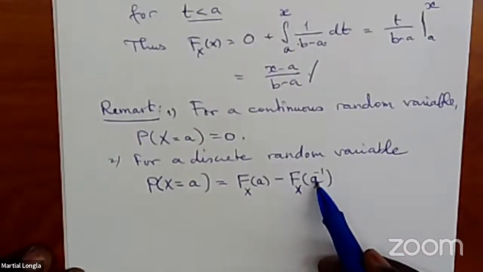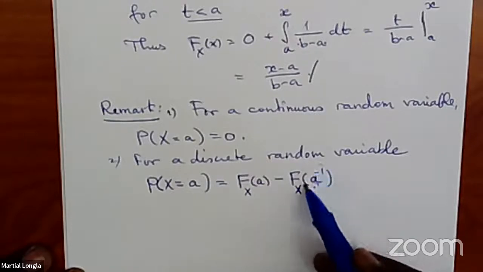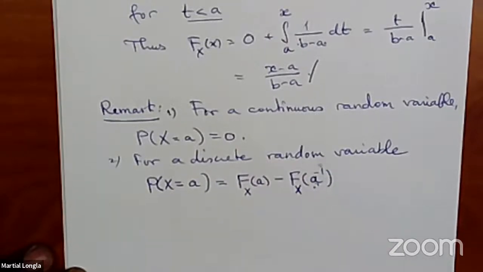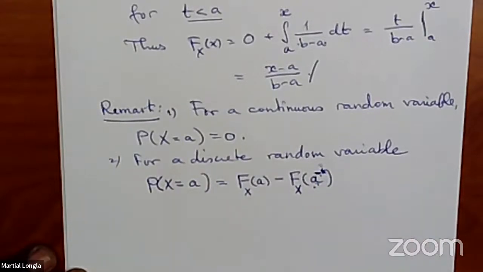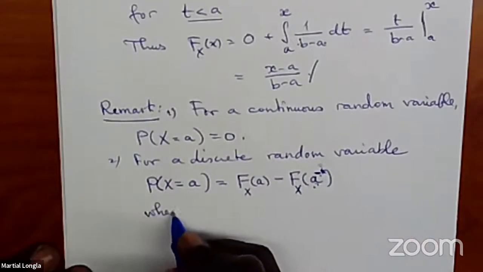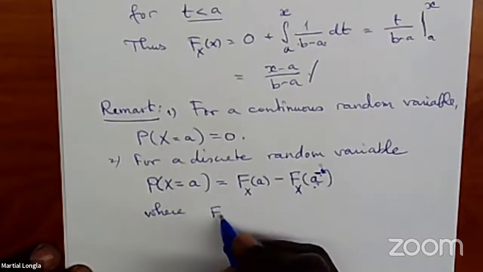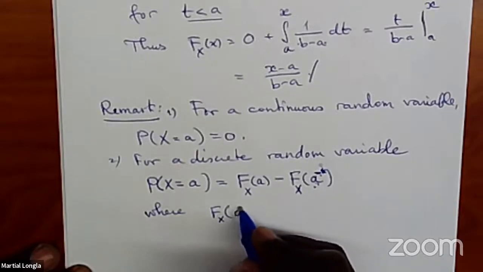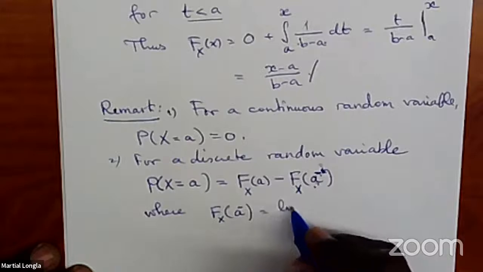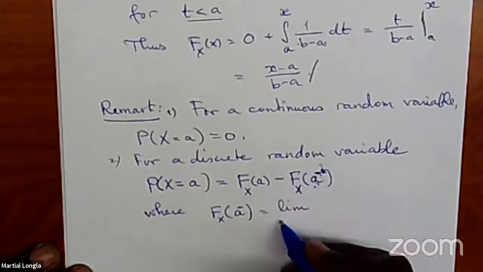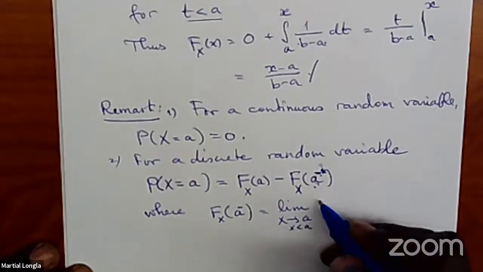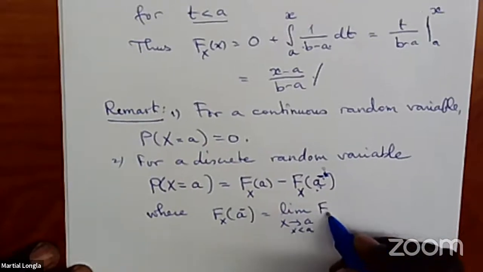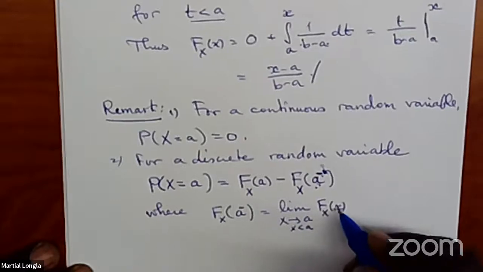What this means is the limit as x goes to a from below. That's what we call a minus, not a, but a minus, where F_X at a minus is the limit as x goes to a, with x less than a, of F_X of x.